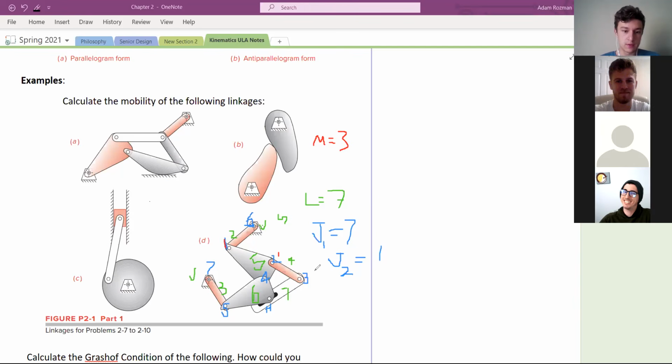We counted 1, 2, 3, 4, 5, 6, 7 full joints. Where were you counting the 8th one?